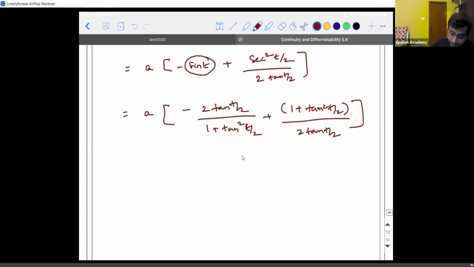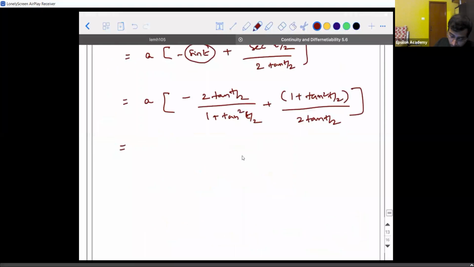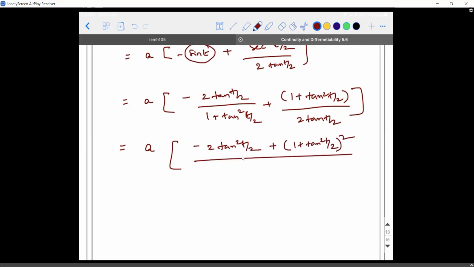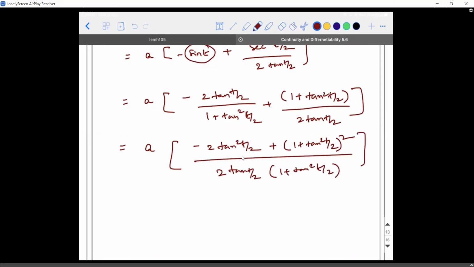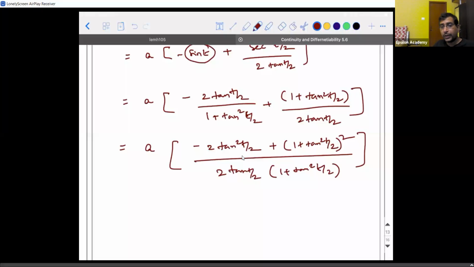Okay, let's see now. So a into, if I take LCM, what will I get? Minus 2 tan square t by 2 plus 1 plus tan square t by 2 the whole square, divided by 2 tan t by 2 into 1 plus tan square t by 2. So 1 plus tan square t by 2, what are you going to get?